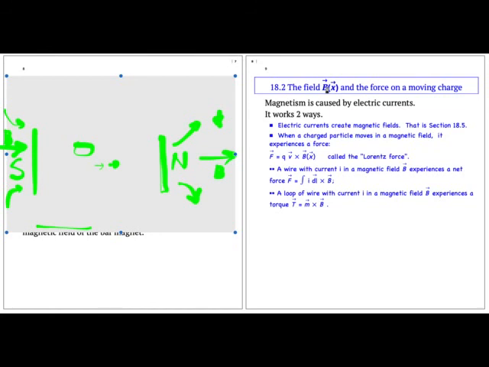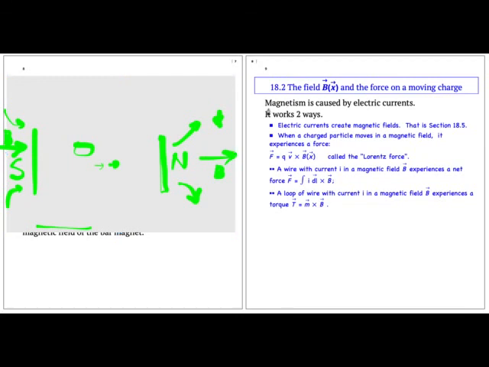It doesn't require iron. You can make a magnetic field using copper wire. There has to be current, electric current, in the copper wire. So the fundamental cause of a magnetic field is electric current. And those atomic dipoles of the iron atoms, those are due to atomic currents, electron currents within the individual atoms.